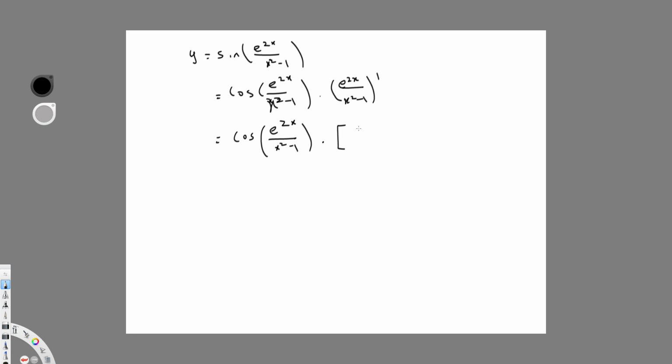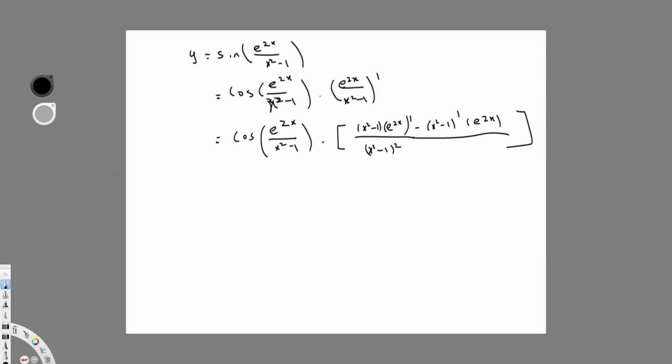According to the quotient rule, first of all, the bottom becomes squared, (x square minus 1) square, and on top the bottom remains the same, then the top derivative, then minus the bottom derivative, then the top remains the same. That is the chain rule, right? Then you have to find the final answer. This is the main thing.